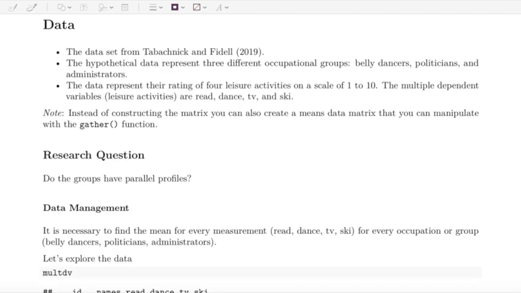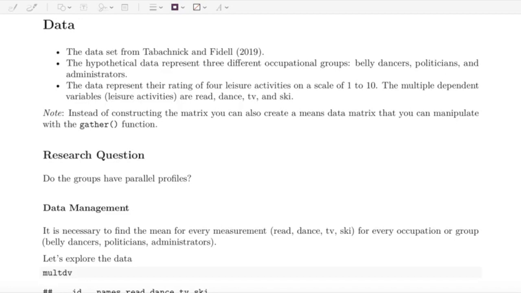So it's a data set that represents 3 different occupational groups: belly dancers, politicians, and administrators. Weird. And they were asked to rate their 4 leisure activities on a scale of 1 to 10. So read, dance, TV, and skiing. So we don't have a situation where they're being measured over time.